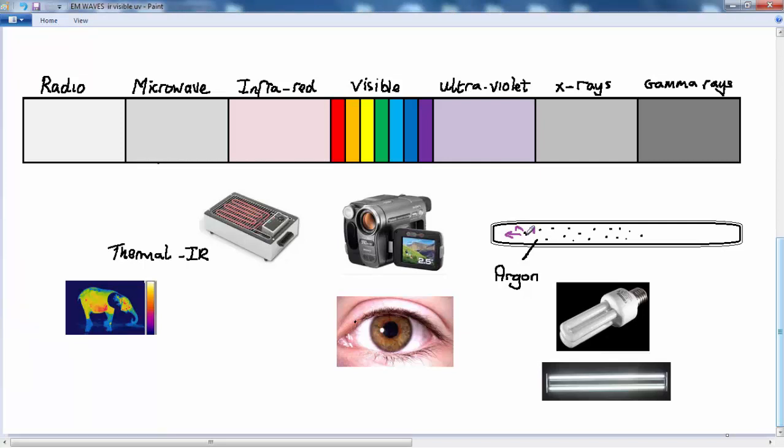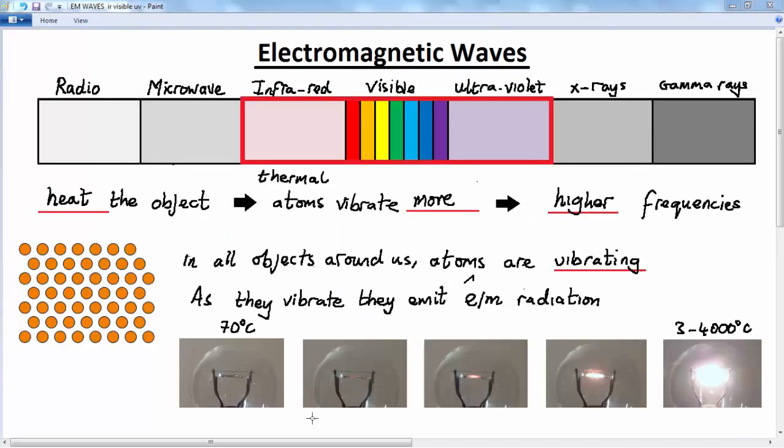Unlike with the incandescent light bulb, where we pass a current through a filament, and the filament just gets hotter and hotter, and the atoms in the filament start to vibrate more and more. And actually what happens at the end, we've got atoms vibrating with a whole range of different frequencies, emitting from thermal right the way through to ultraviolet.